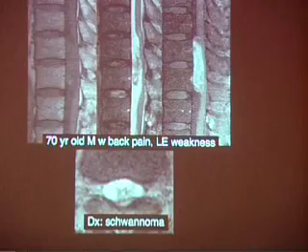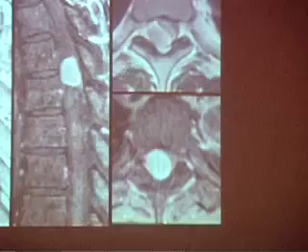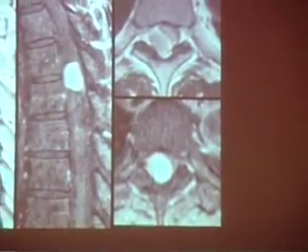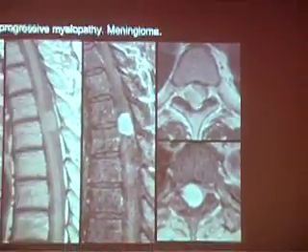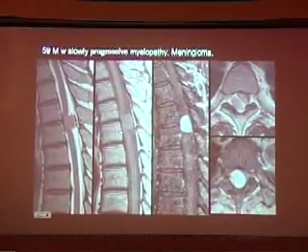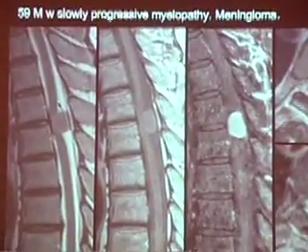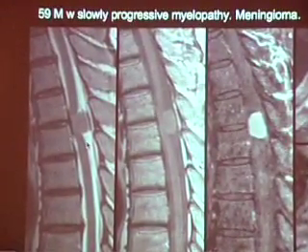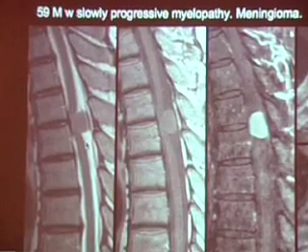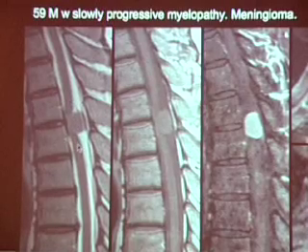Meningiomas are also pretty common. Mostly we see them with older women. Mostly they occur at the thoracic level. So here's an example of an older gentleman who presented with slowly progressive myelopathy. In this particular case, we again see a lesion which has a base on the dura. You can see that subarachnoid cap as the cord is pushed away and the subarachnoid space is widened above and below the lesion.